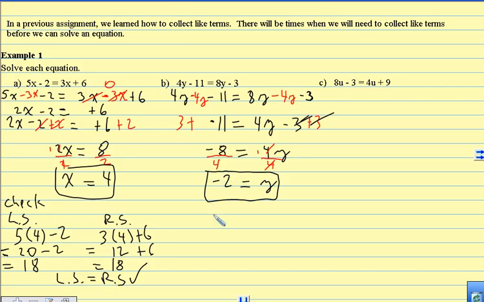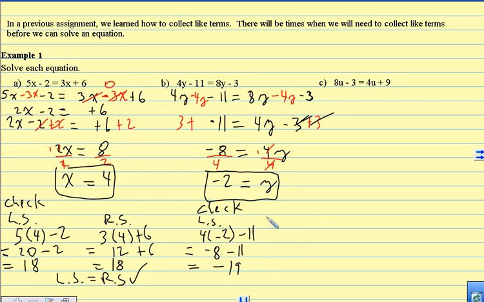And lastly, we'll check that. Putting it into the left side, we get 4 times negative 2 minus 11. That equals negative 8 minus 11, which is negative 19.